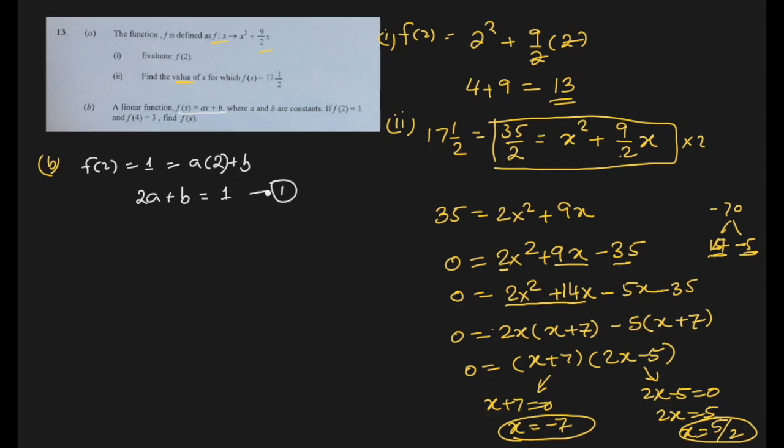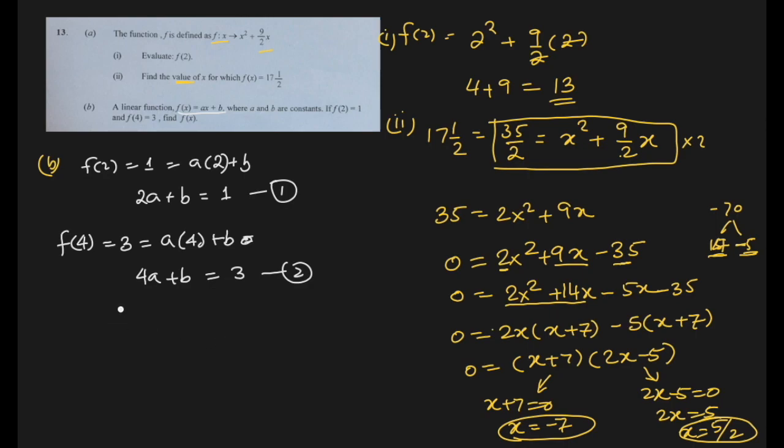This is equation number 1. f(4) is 3. That means x will be replaced by 4 this time. Okay, so what does that give us? 4a plus b equal to 3. That is equation number 2.